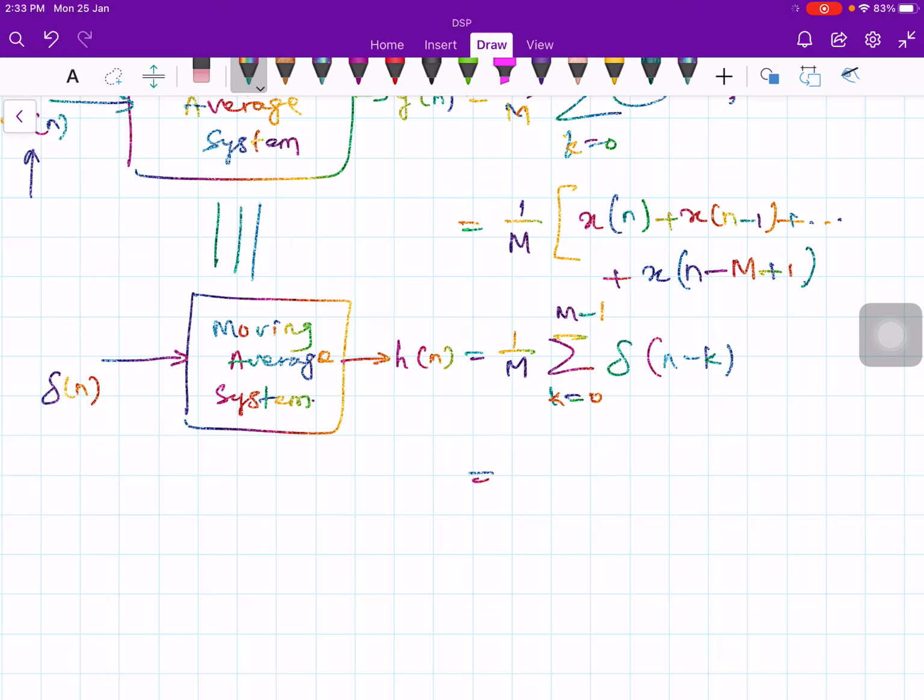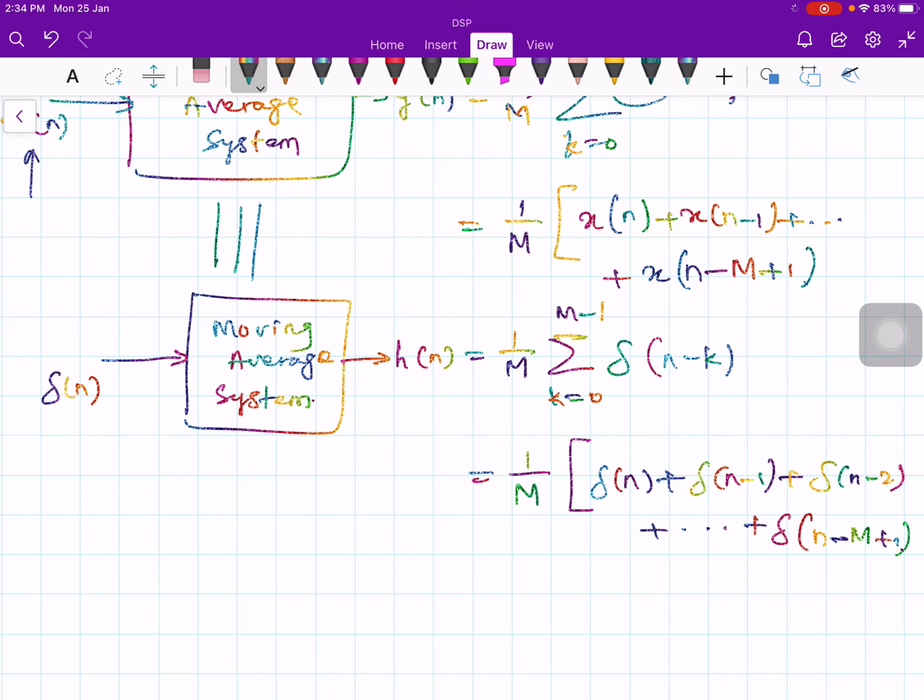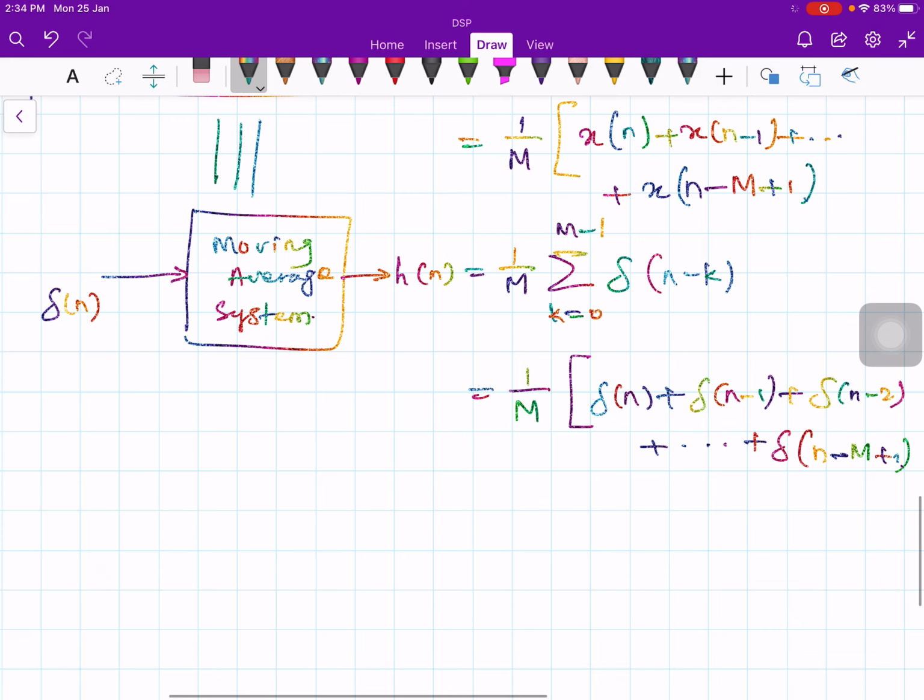So expand the summation: 1 over M within a bracket, you will have del of n plus del of n minus 1 plus del of n minus 2 plus dot dot dot plus del of n minus capital M plus 1. This is my h of n.